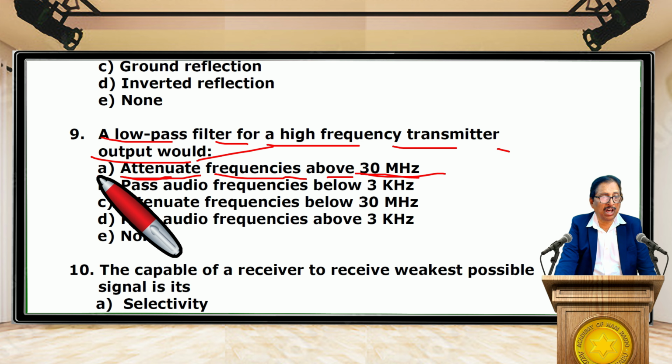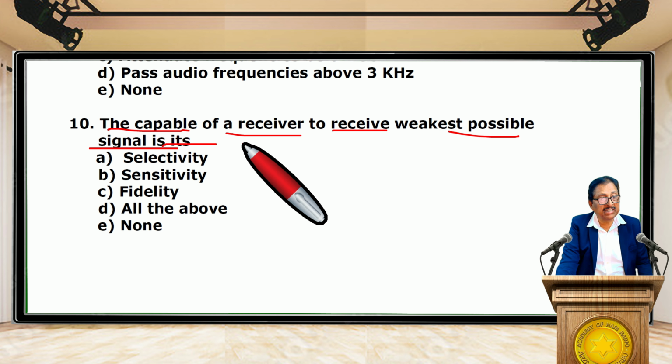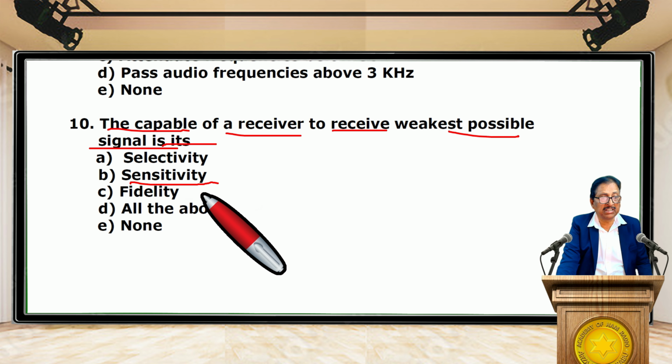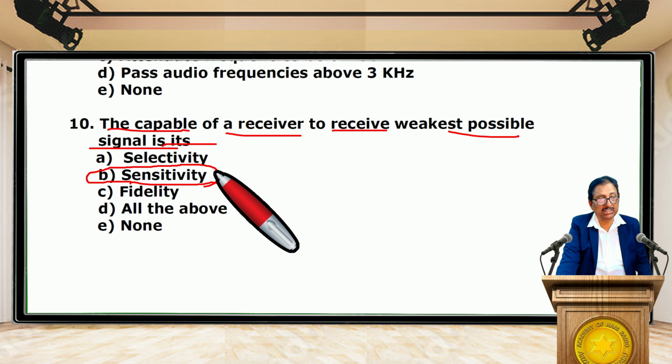So the answer is alpha. The capability of a receiver to receive the weakest possible signal is its sensitivity. Sensitivity is the ability of a receiver to respond to a weak signal. So sensitivity is the answer.